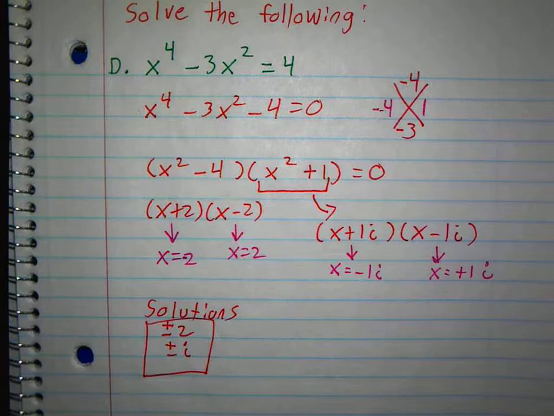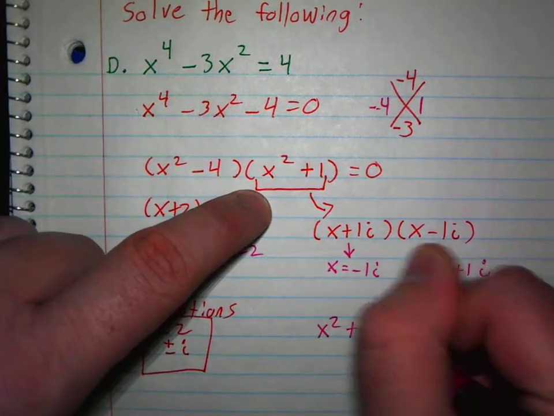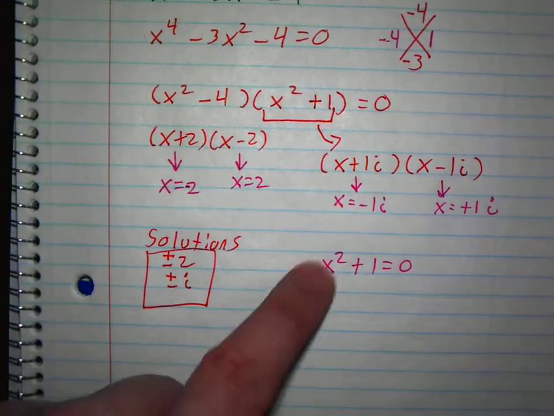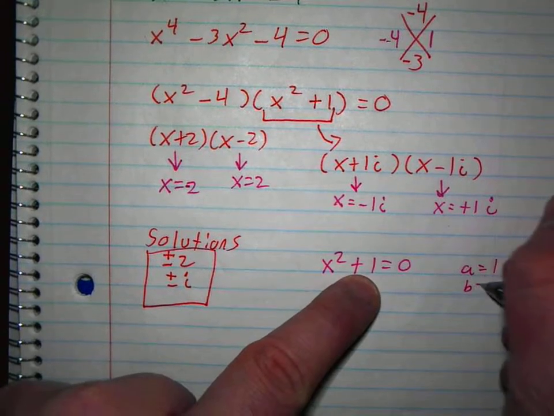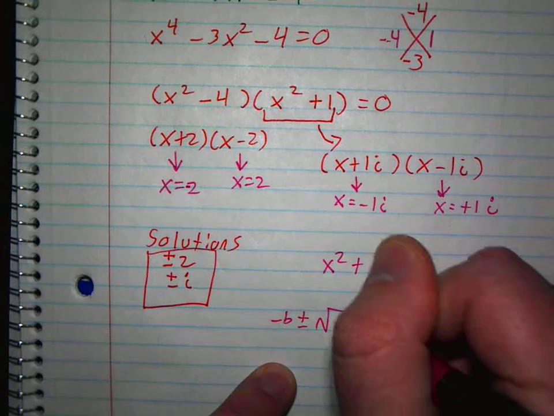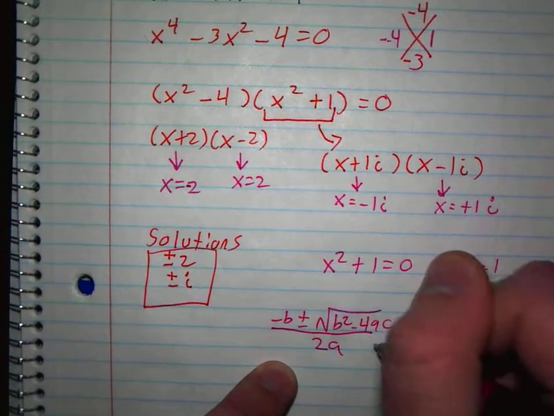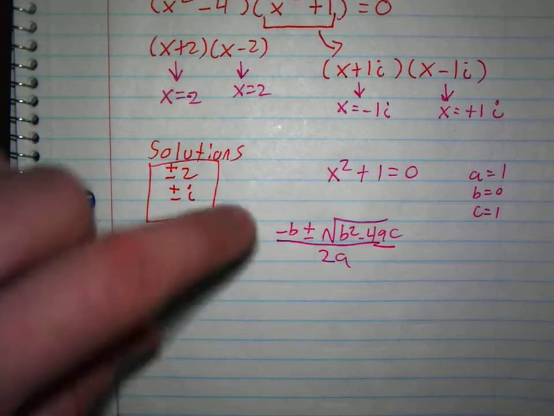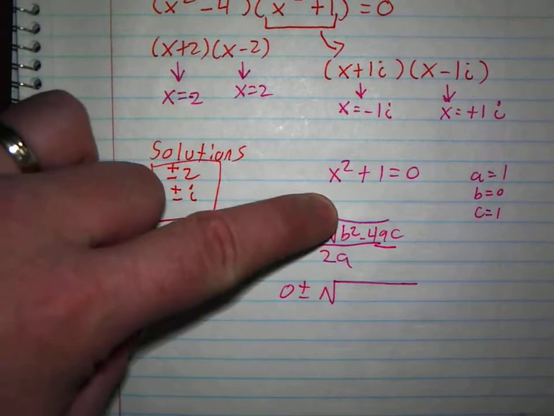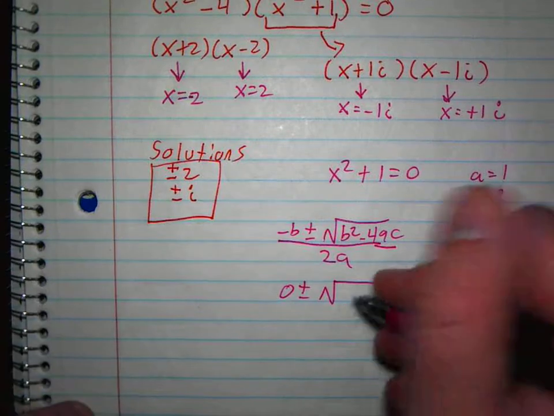Real fast, in case you don't believe me, if I confused you on x squared plus 1, you could use your quadratic. I'll spend like 20 seconds going over that. So a is 1, b is 0, c is 1, right? I'm just showing you that you could get the same answer if you didn't know how to factor. And so negative b would be 0. 0 squared is 0. 4 times 1 times 1 is 4. 0 minus 4 is negative 4.